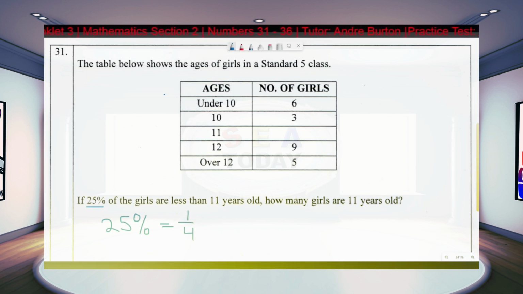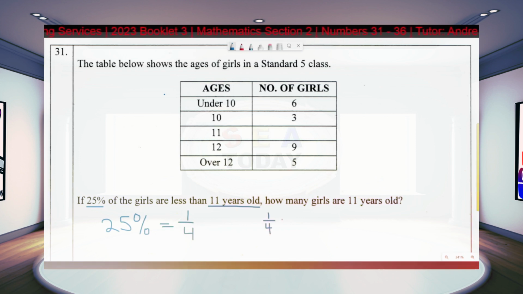It's a quarter. One of the fractions to percent that you could memorize. So if we know the fraction is a quarter, and we know how many girls are less than 11 years old, we can figure that out by looking at the table. We'll be able to find the total.